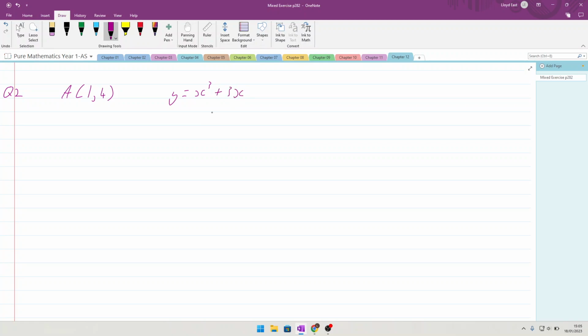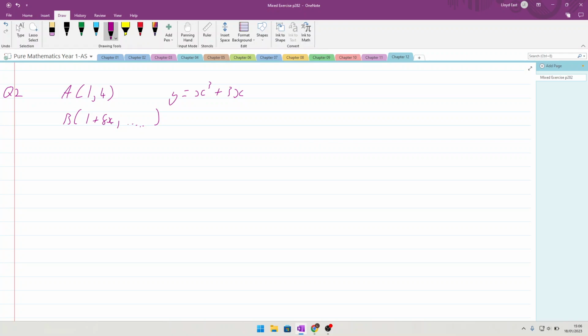Okay, point B also is on the curve and has an x expression of 1 plus delta x, 1 plus a change in x.